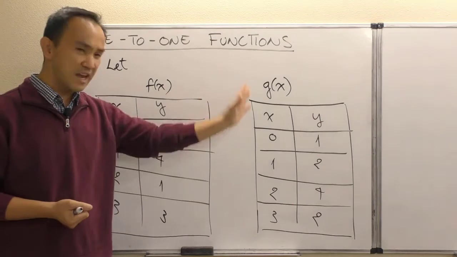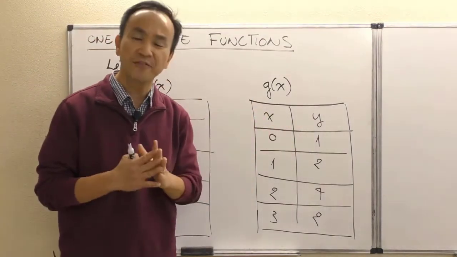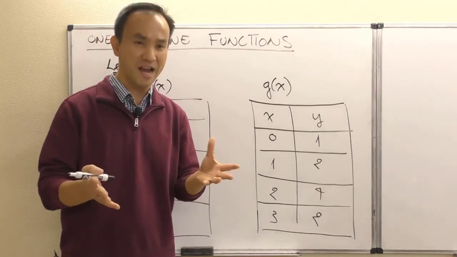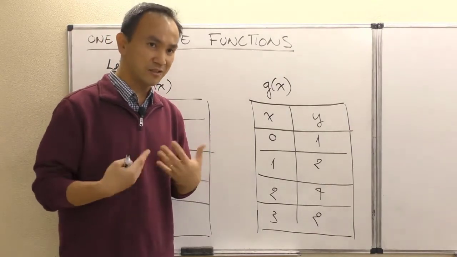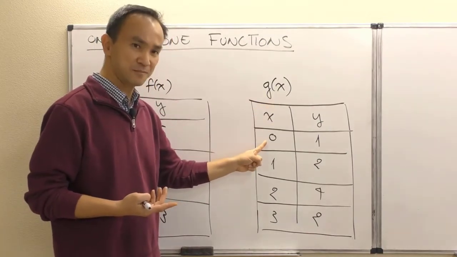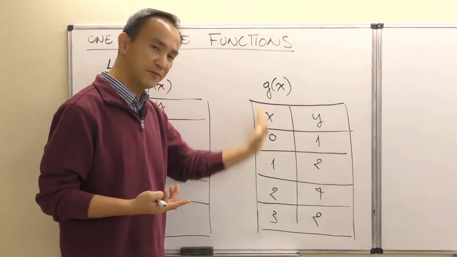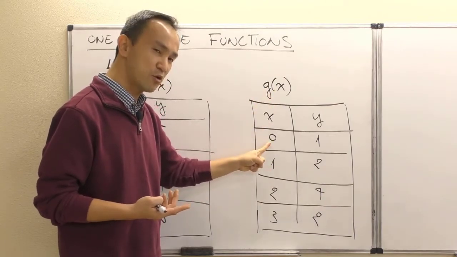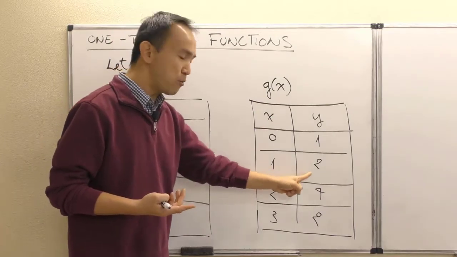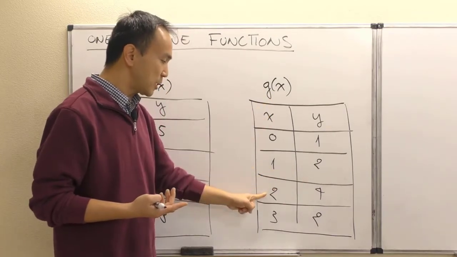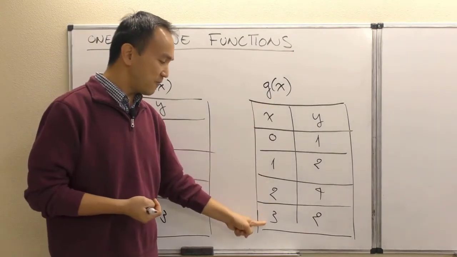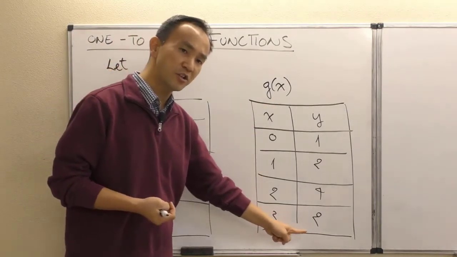The same way over here, it's only for convenience, a way to communicate between anyone doing math and to understand conveniently that this function g takes an input to an output. Specifically for this table, g takes input 0 to output 1, input 1 to output 2, input 2 to output 4, and input 3 to output 2.